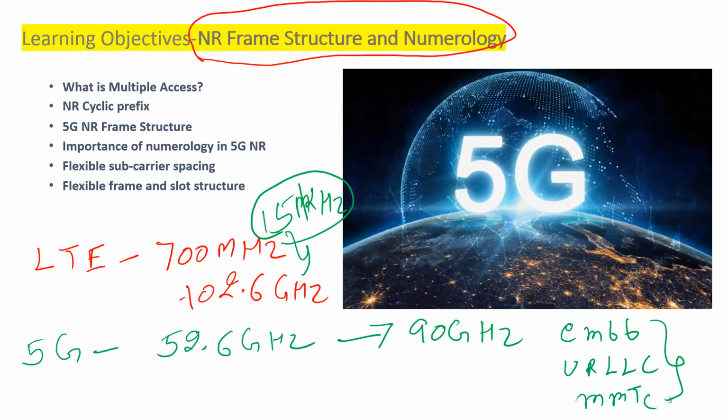But in 5G, since our frequency range is very large and there are very new use cases, 15 kilohertz sub-carrier spacing will not work. So in 5G, there comes a new concept which was not there in 4G or any previous technology, which is flexible sub-carrier spacing. I think the support for multiple sub-carrier spacing is the most outstanding 5G feature when compared to LTE.